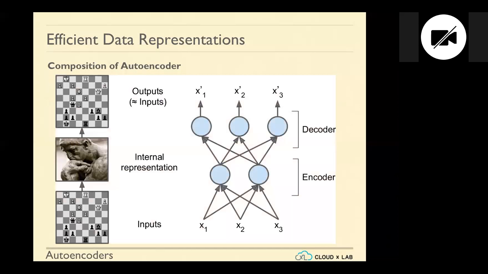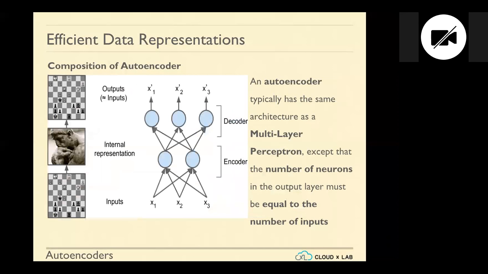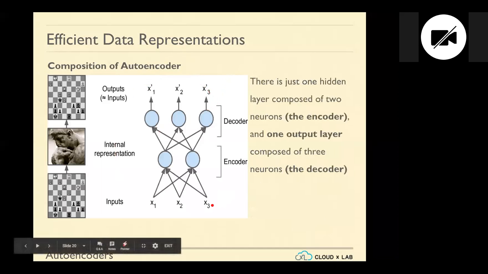So generally the autoencoder is made up of two parts. An autoencoder typically has the same architecture as an MLP, multi-layer perceptron, except that the number of neurons in the output layer must be equal to the number of inputs. Here, this is just one hidden layer composed of two neurons and one output layer composed of three neurons.